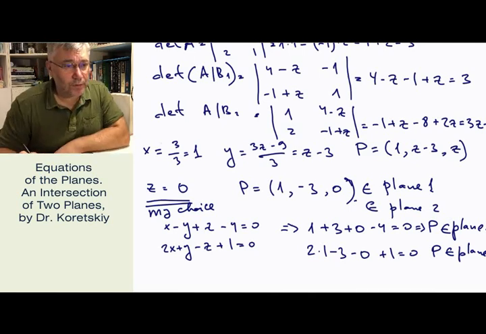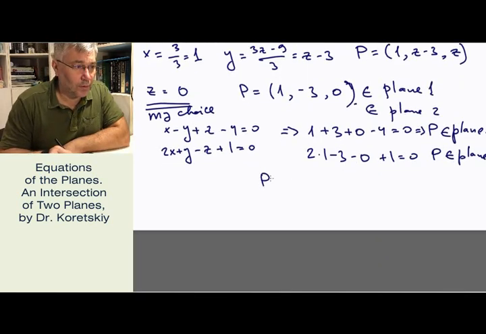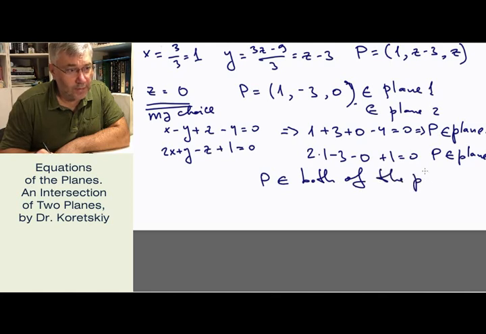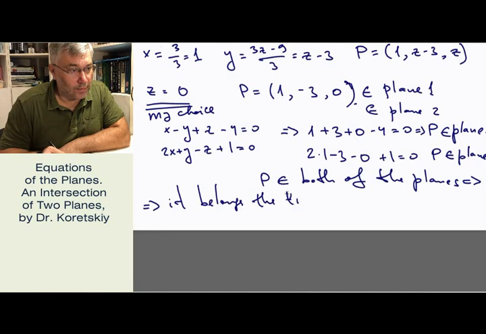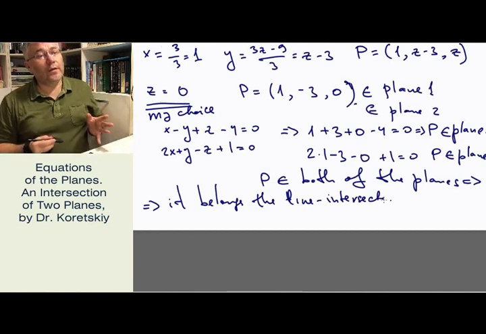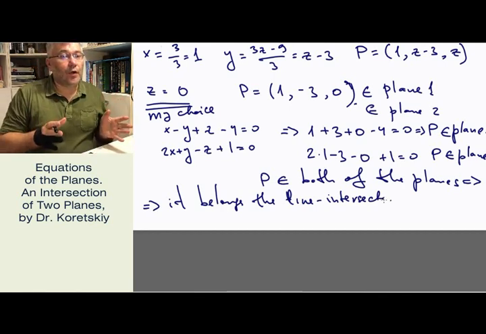So consequently P belongs to both of the planes, and since that it belongs to the line of intersection. Now we are ready to make the equation of the line.